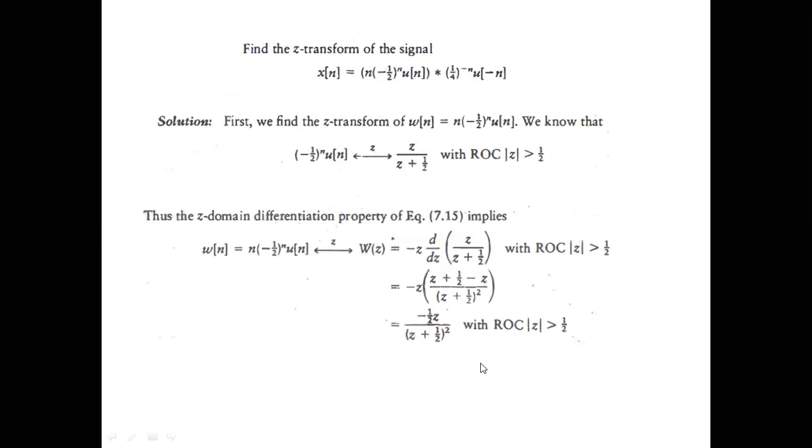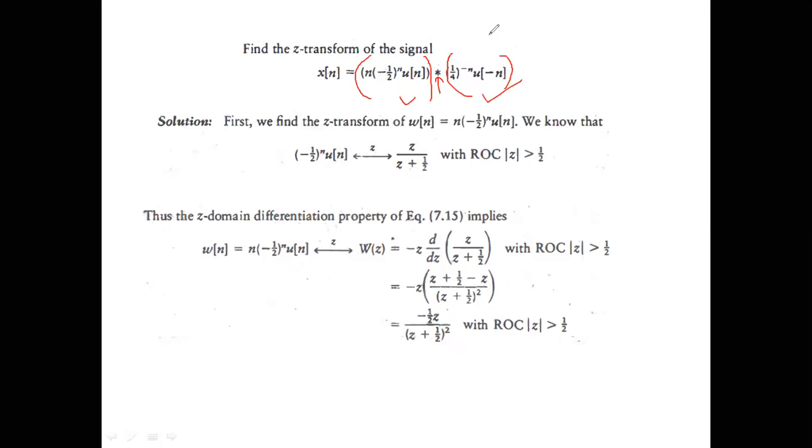Now here is one more question, which contains two to three layers. What is the tricky part here? You can see there is a convolution here, and he is asking us the z transform. So we have to find the z transform of the first one, then the z transform of the second one.